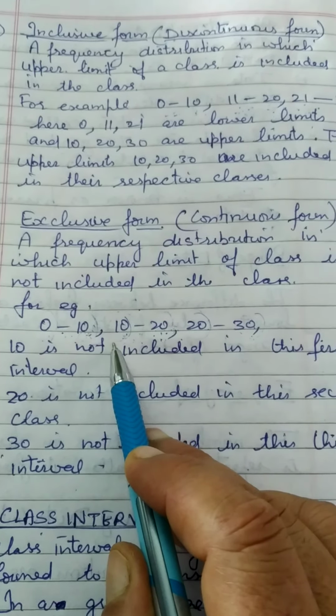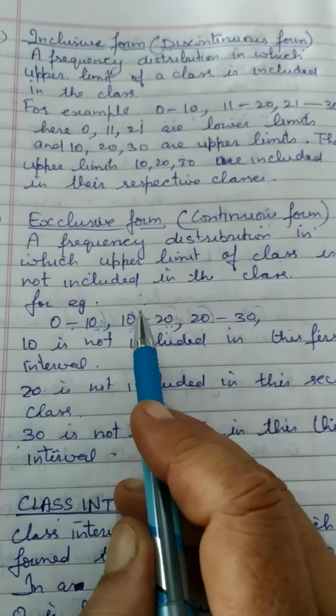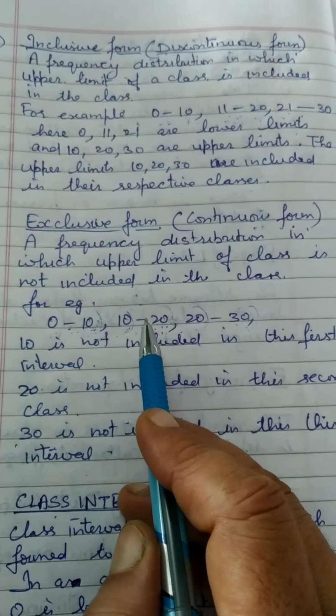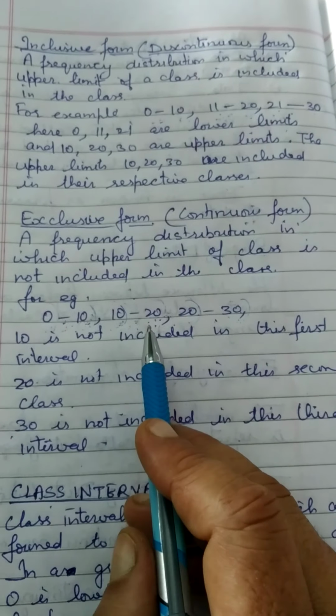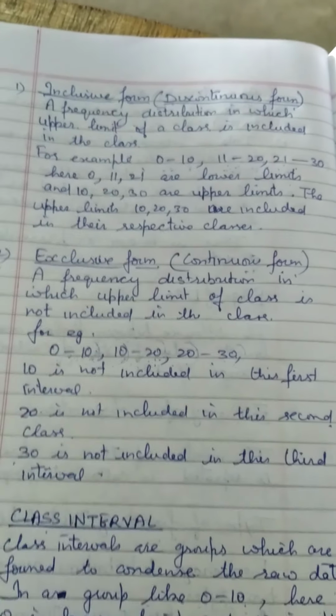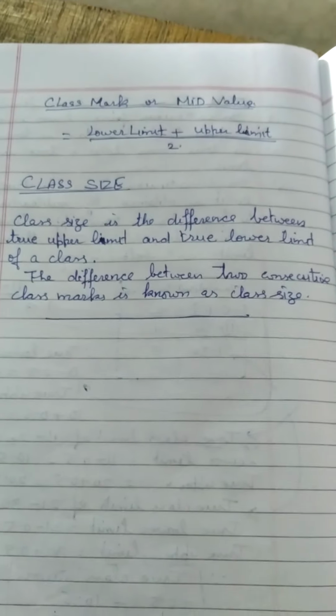Then 30 minus 20, 10. The class size is 10. Otherwise, here the class mark is 5 and here the class mark is 15. Then 15 minus 5, even then we get the class size as 10. It is all about the class interval, class mark and class size.